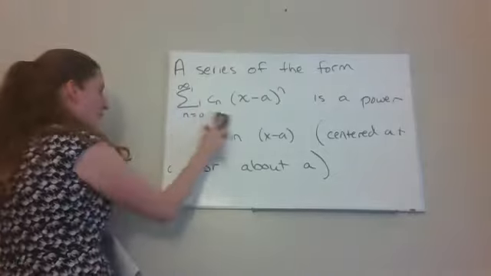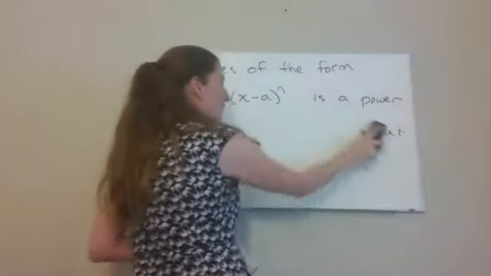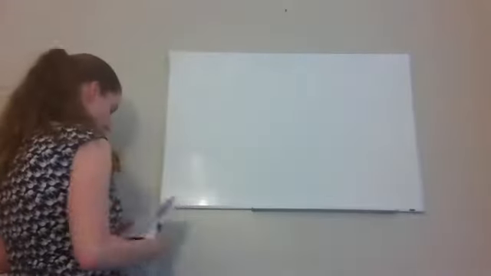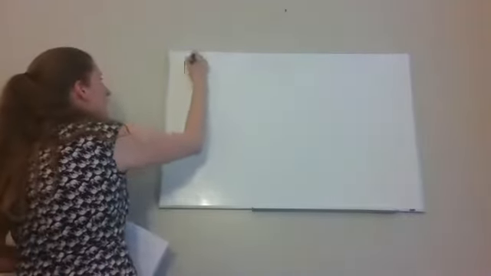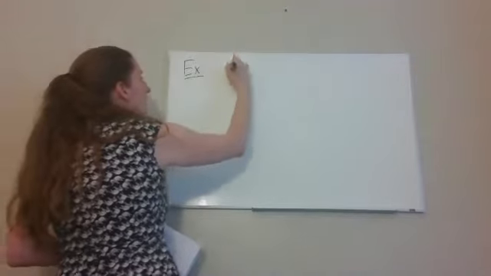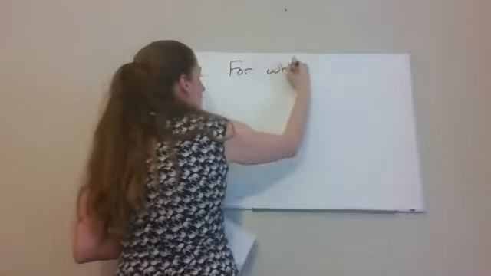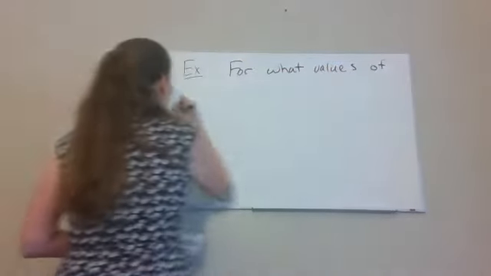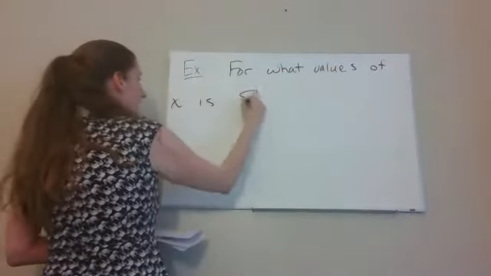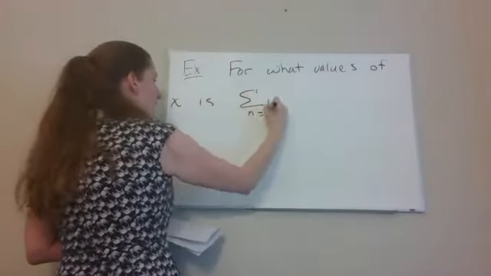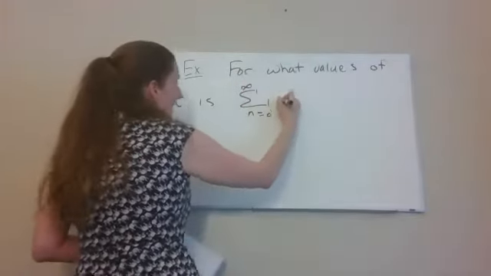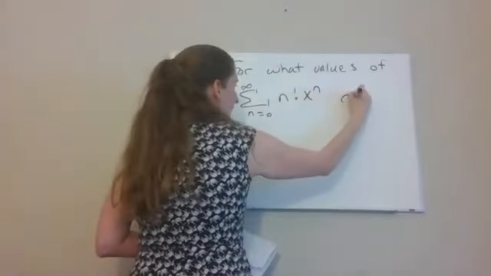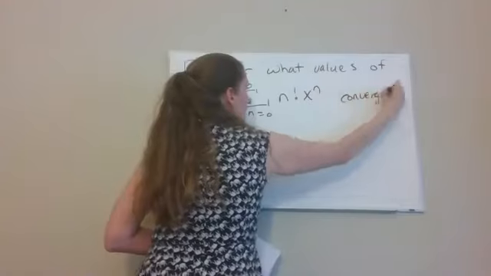So let's do an example where we try to find where a certain power series converges and where it diverges. For what values of x is the series the sum from 0 to infinity of n factorial times x to the n convergent?